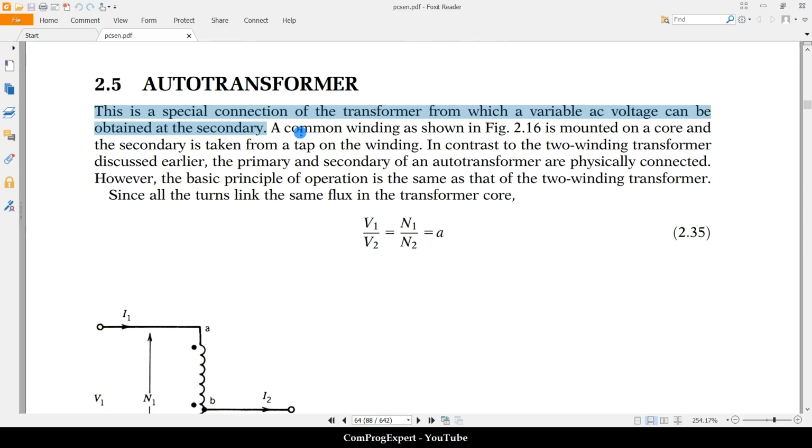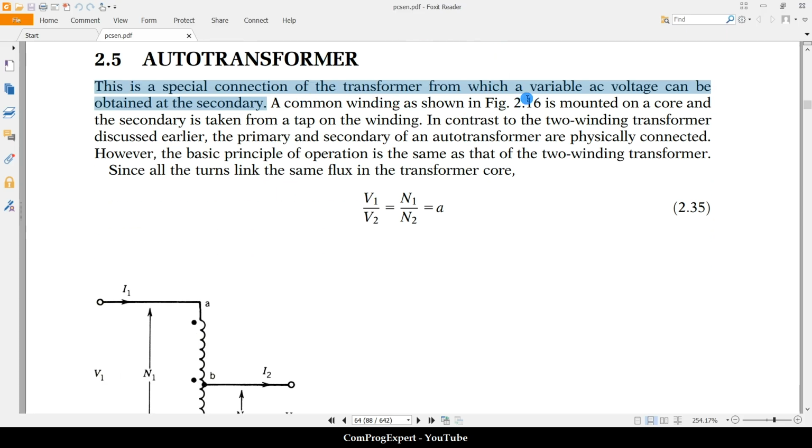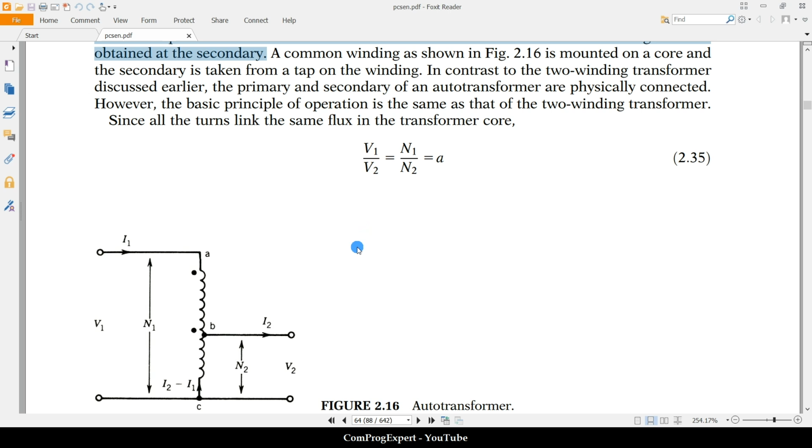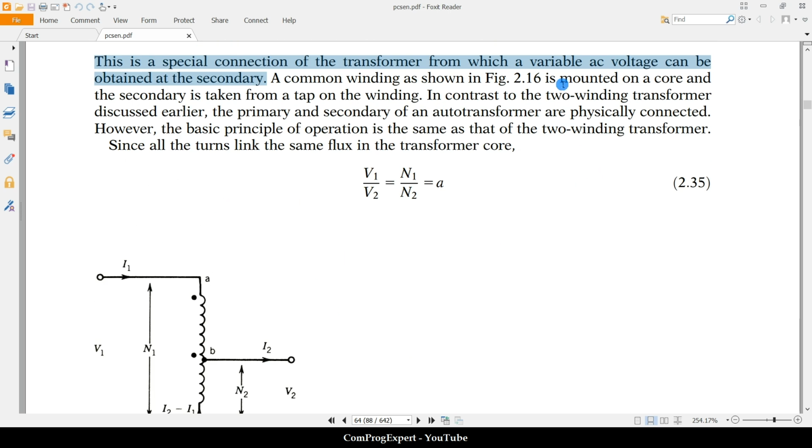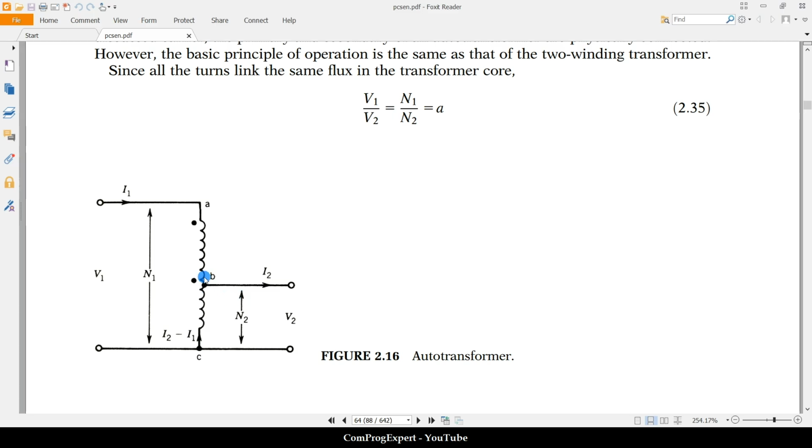A common winding, as shown in figure 16, is mounted on a core and the secondary is taken from a tap on the winding, the point B.